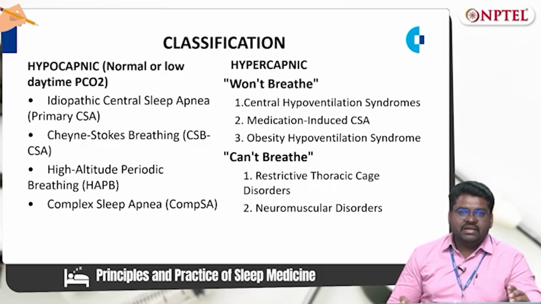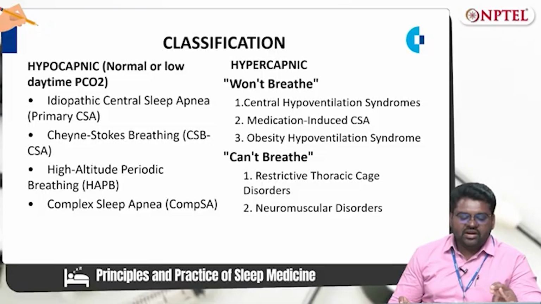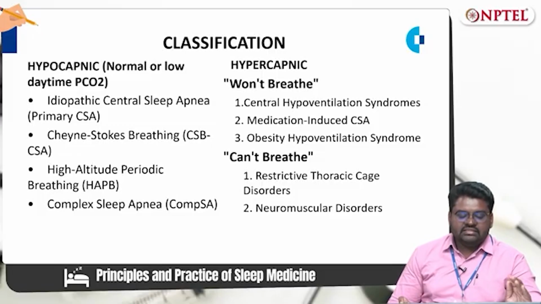One is idiopathic central sleep apnea, which we call primary sleep apnea. Second, Cheyne-Stokes breathing associated central sleep apnea. Third one is high altitude periodic breathing. The fourth one is complex sleep apnea.